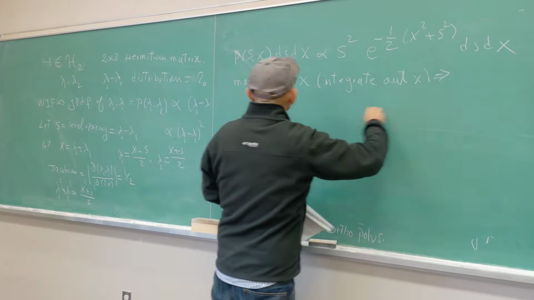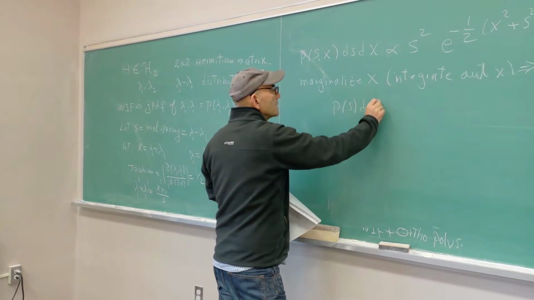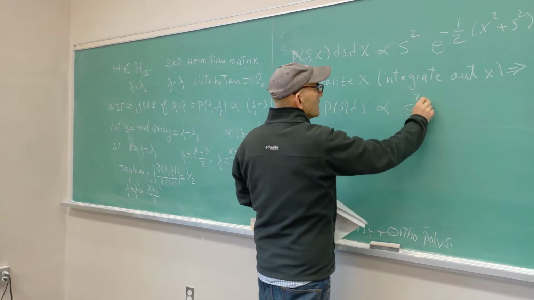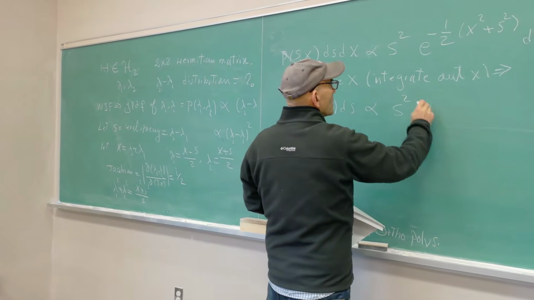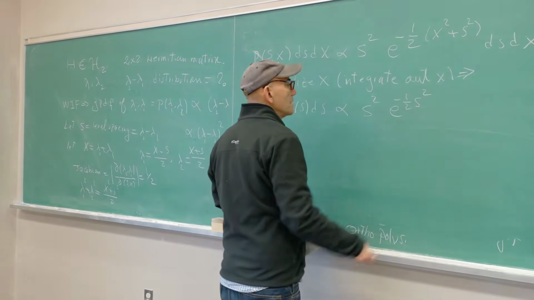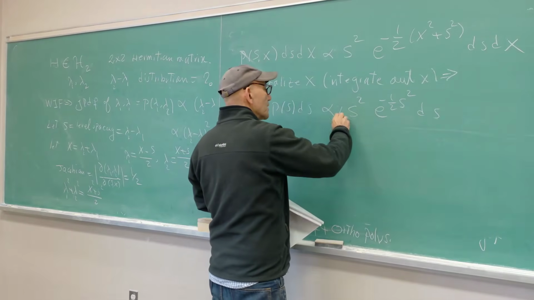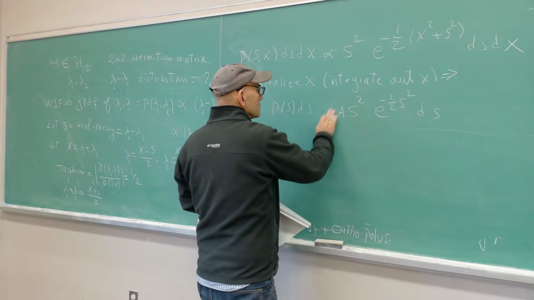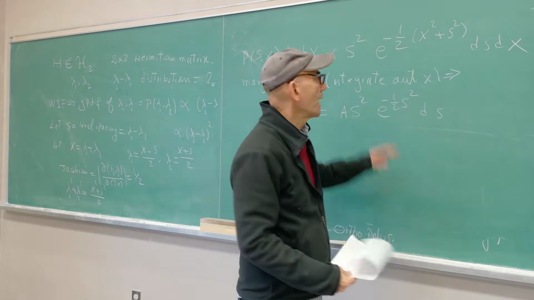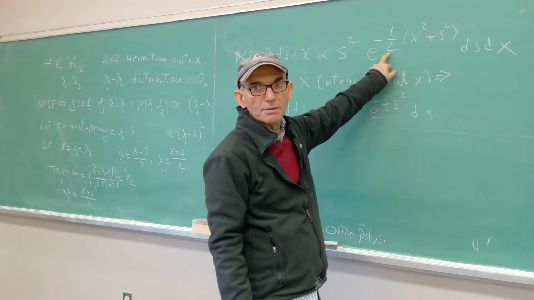Integrate out x, then you get that actually P(s) ds is going to be the same thing, A s squared exponential of minus 1/2 s squared ds. There is some constant here, A. This A is essentially the integral of the Gaussian.